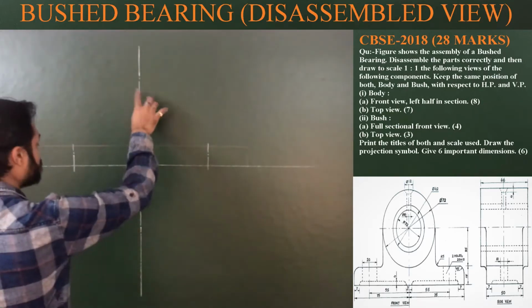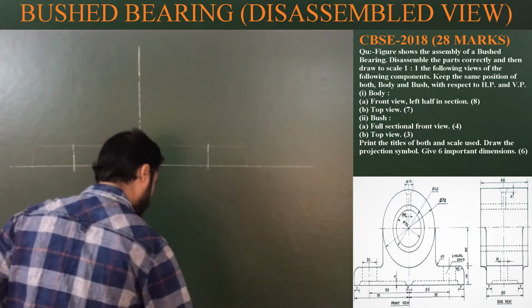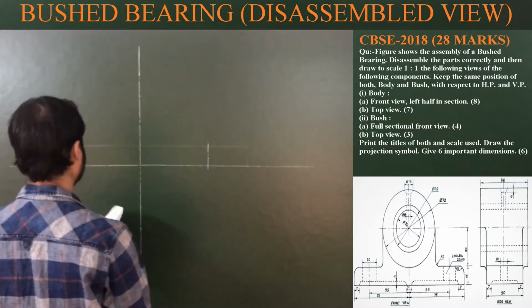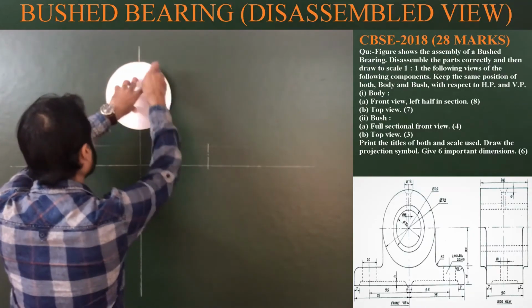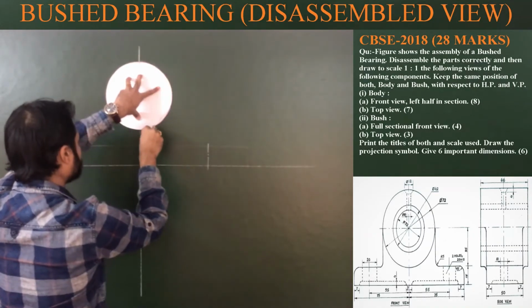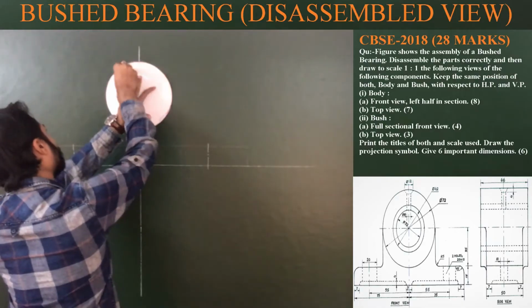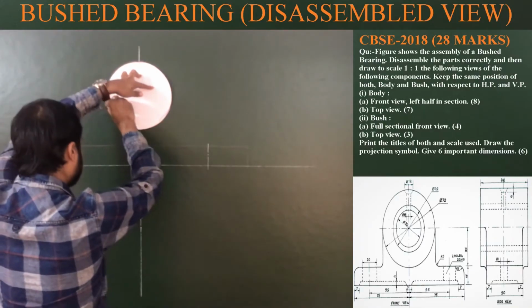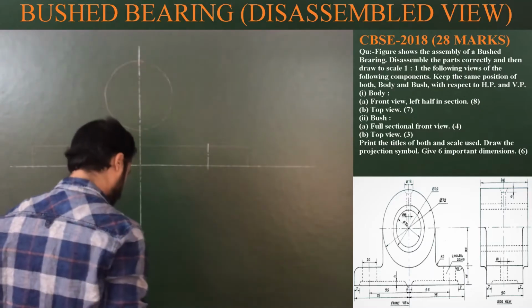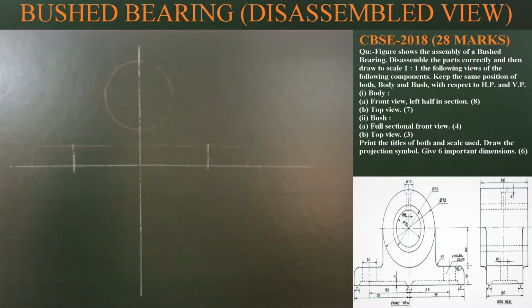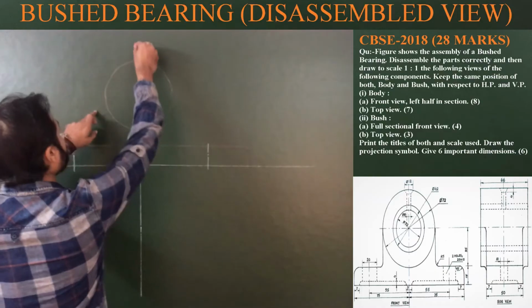So from this point draw the first circle of diameter 42, and the second circle of diameter equal to the external diameter of the cylindrical part. Sorry, it's not 90, it's 72. So draw the second circle of diameter 72.